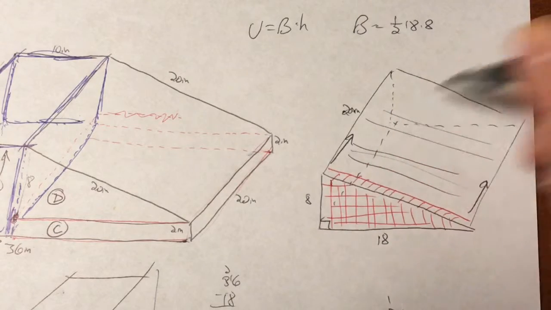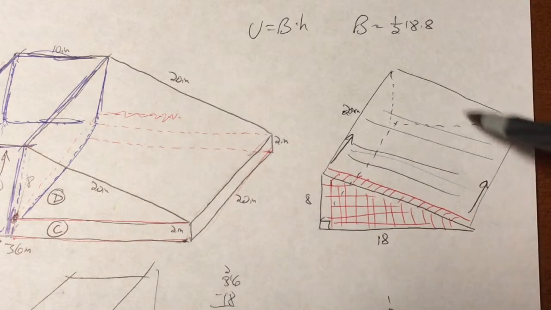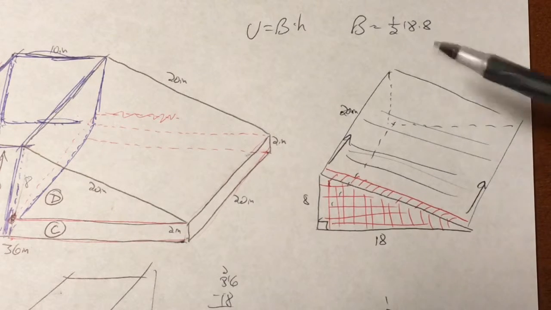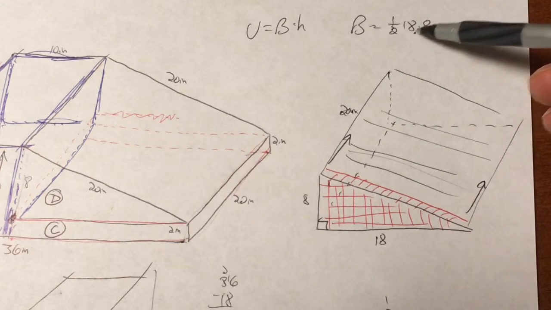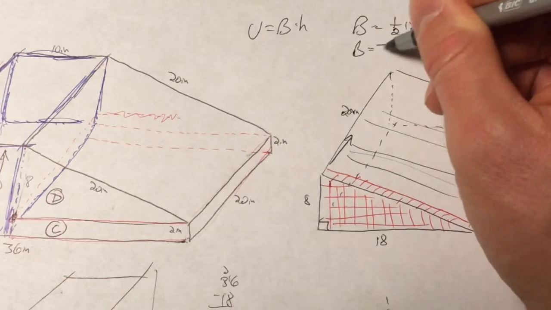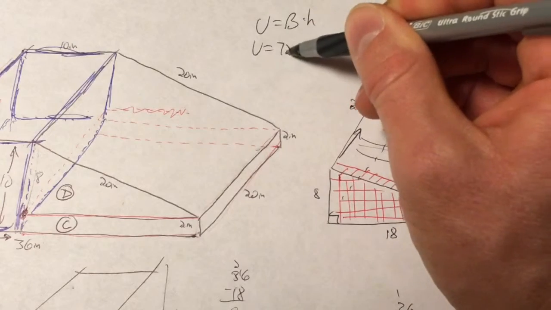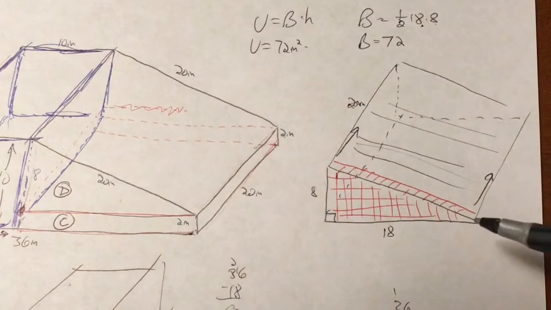You know, if you draw the 3D version of it, there's the other triangle on the other side. So 1/2 of 18 times 8. I know that half of 18 is 9. 9 times 8 is 72. So big B is 72. So volume is equal to 72 square inches times the height.